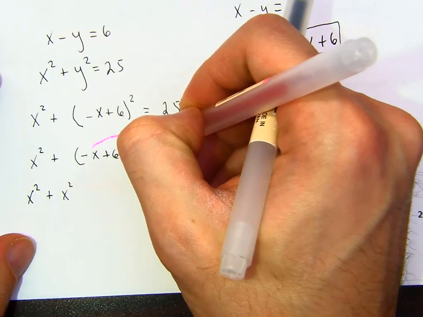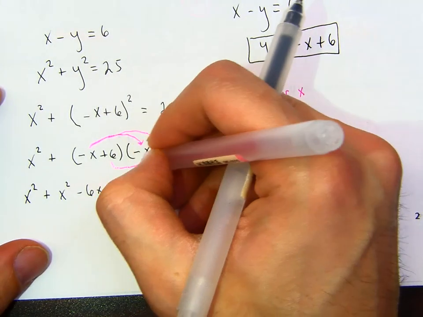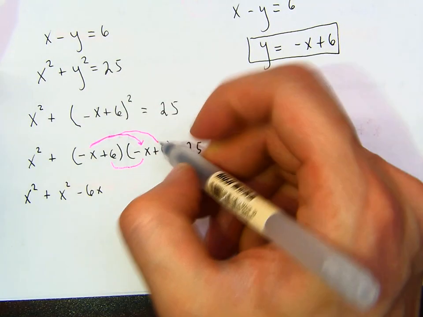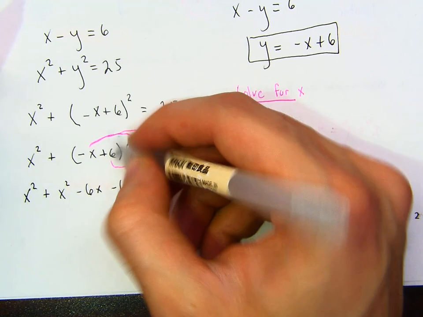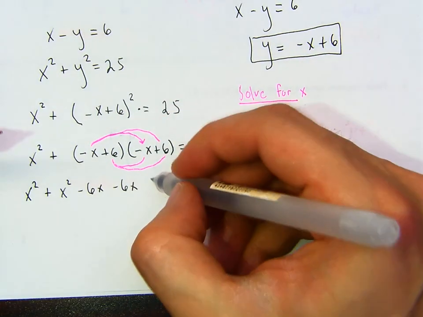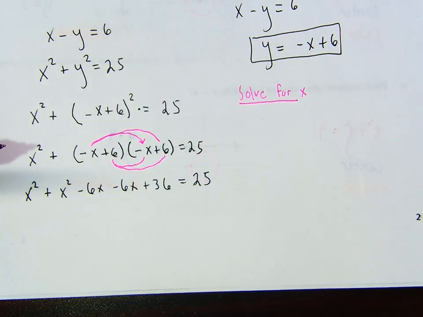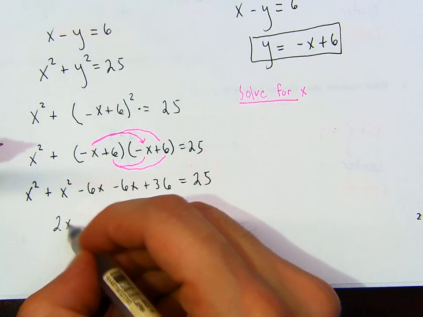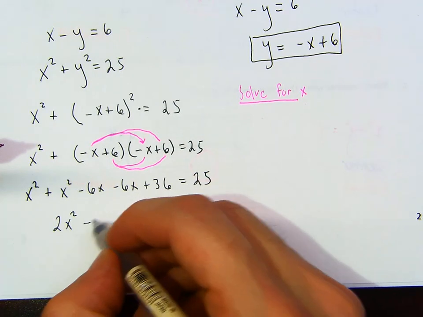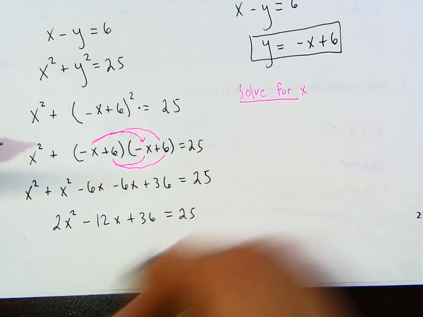Negative x times 6 is negative 6x. 6 times negative x is negative 6x. And 6 times 6 is 36. Equals 25. Okay, so now what happens? We have 2x squared minus 12x plus 36 equals 25.